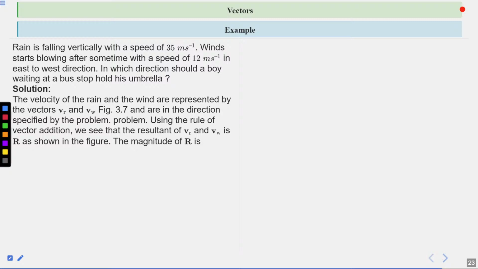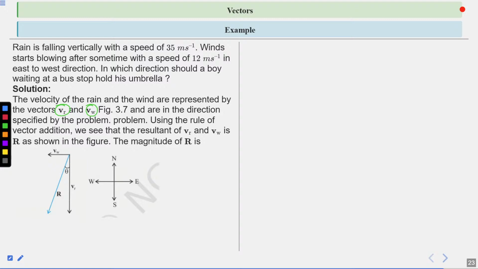So according to the question, look at here, the velocity of rain and wind are represented by vectors VR, velocity of rain, and VW, velocity of wind. Here we will use the vector law of addition.